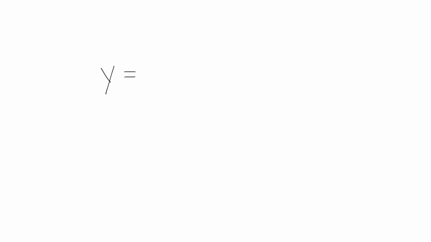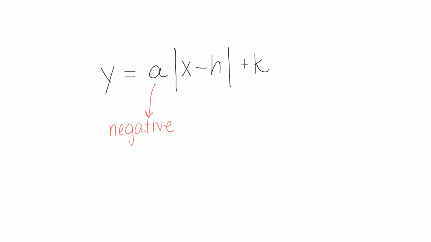So if we've got, just like in quadratics, an a value, does this look pretty similar to what we did in quadratics? This a, if it's negative, it makes your graph open down.